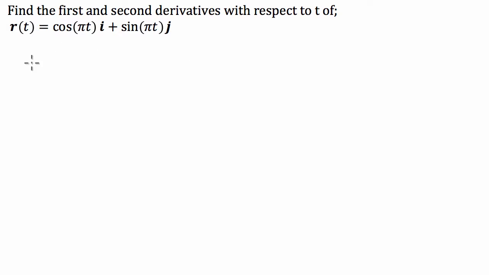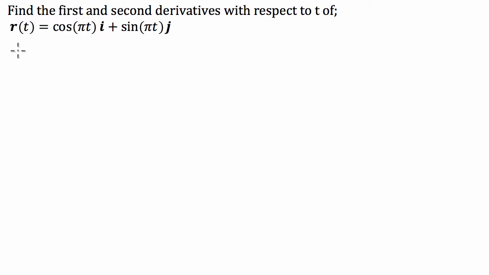So hopefully you guys are already aware that a vector function is a mathematical relationship of one or more variables, in this case t, whose range is a set of multidimensional, in this case two, i and j, vectors.